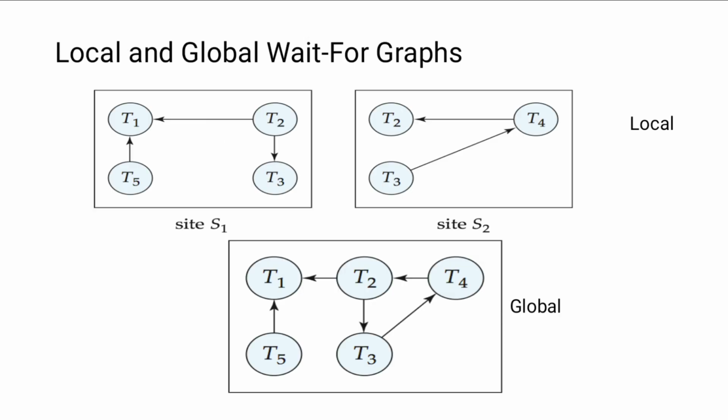This is one example. Local transaction local graphs are developed. Local wait-for graph: T1, T2, T5, T3, and another group is T2, T4, T3, at site 1 and site 2. From this the global graph is drawn, combining site 1 and site 2.